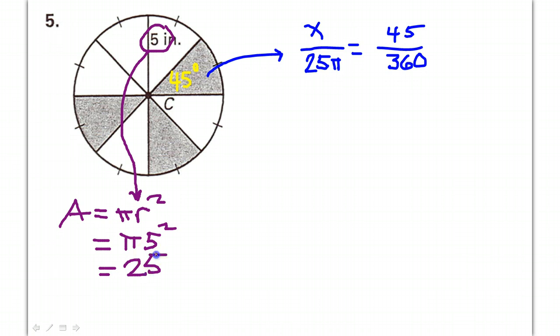And that's why we're getting 25 pi. Okay? You do not need to show this calculation every single time. If you see the 5 and you want to go straight for the 25 pi, that's fine. I'm just making sure you understand where it's coming from.